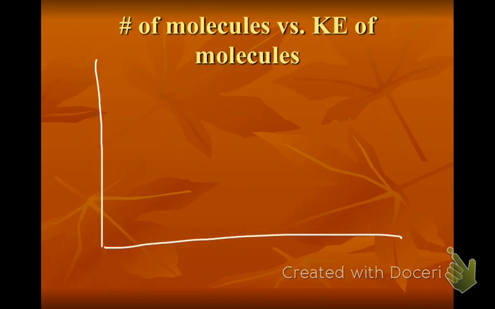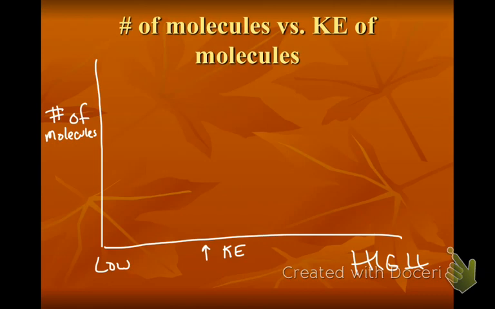And on the y-axis I'm going to have the number of molecules, implying that the higher you go, the more molecules have that energy. And so along the bottom, I'm going to have increasing kinetic energy. So in other words, here I would have very low kinetic energy, and here I would have very high kinetic energy.